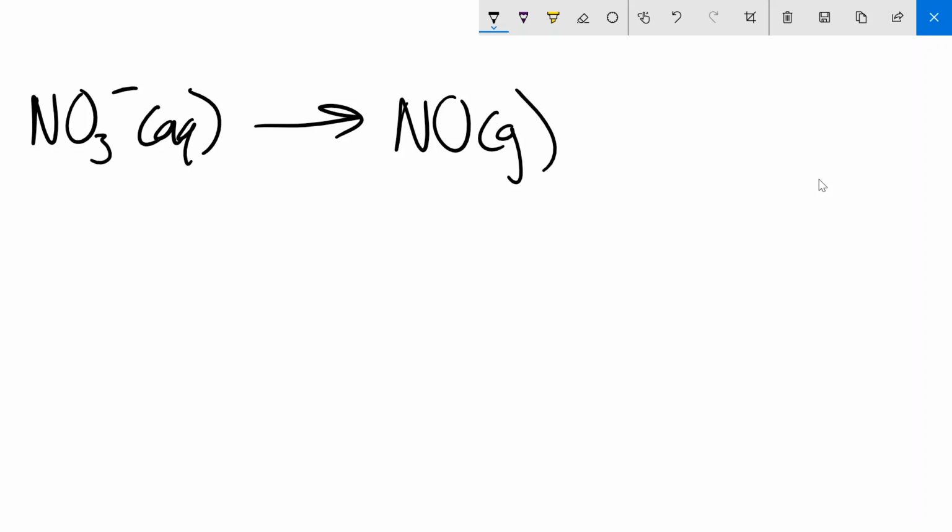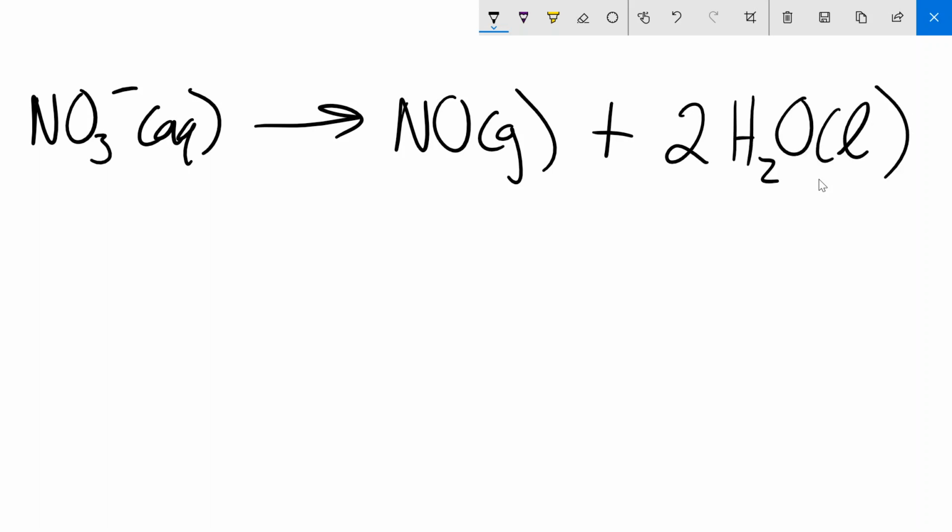Next, following those rules, the next element we balance is oxygen. There are 3 oxygens on the reactant side and only 1 on the product side. To balance that, we introduce water molecules, so this is going to be plus 2 H2O as a liquid. Now we've got 1 nitrogen and 3 oxygens, but we don't have an equal number of hydrogens.